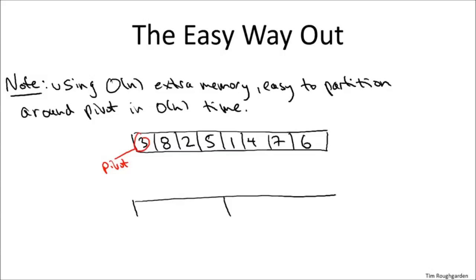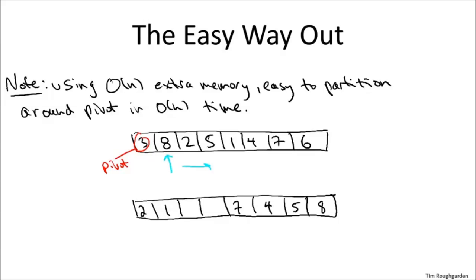And so, for example, we could fill in the additional array both from the left and the right using elements that are less than or bigger than the pivot, respectively. So, for example, we start with the 8. We note that the 8 is bigger than the pivot, so we put that at the end of the output array. Then we get to the 2. The 2 is less than the pivot, so that should go on the left-hand side of the output array. We get to the 5. It should go on the right-hand side, and the 1 should go on the left-hand side, and so on.